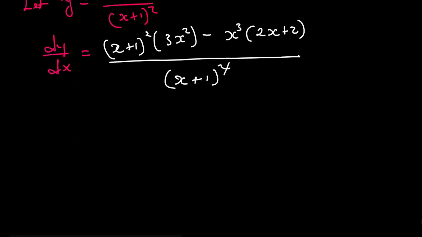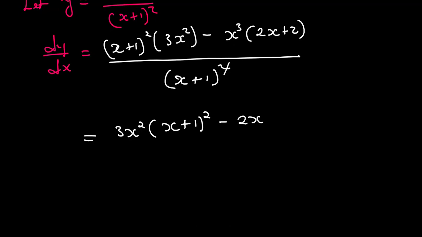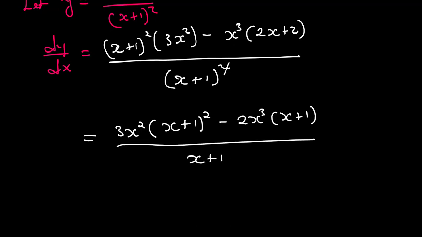So if we simplify the derivative, we get 3x squared into x plus 1, all of that squared, minus, I will factor out 2, that will be 2x cubed into x plus 1, all of this divided by x plus 1 all of that raised to the power 4.